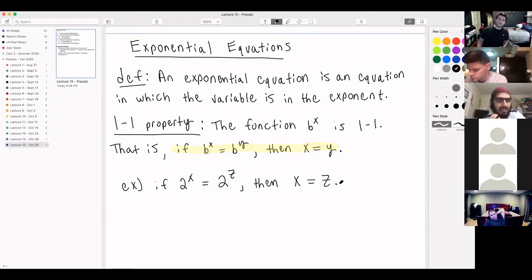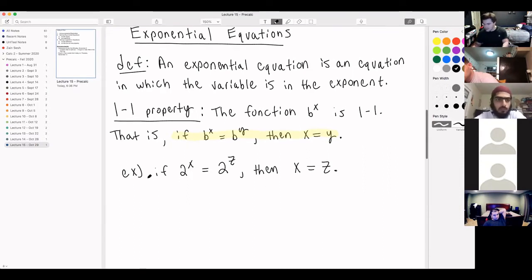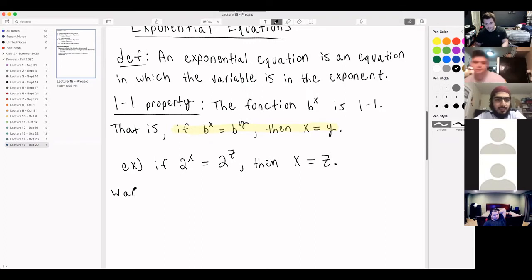Because it has the same base? Well, it definitely has to have the same base, yes. So if you look in the highlighted, I have b's. They're the same base, yes. If they were not the same base, we could not make that conclusion. All right, so that's it. Yeah, so actually, Saeed, I'm glad you mentioned that. In my notes, I literally have warning.